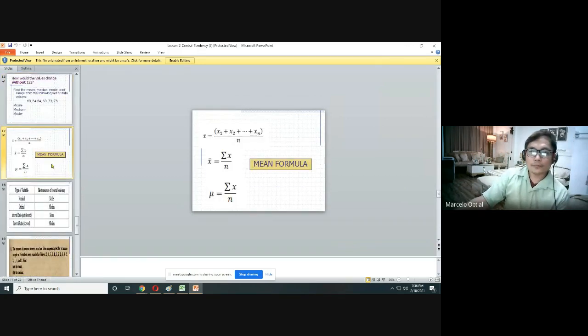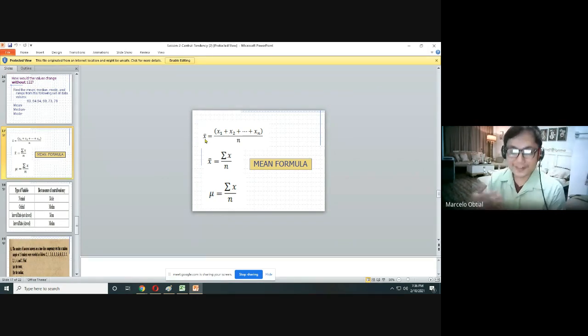Okay, itong mean formula, na-mention na ito kanina. You need to add the data, divided by the number of data. Because you are required to familiarize the symbol. If we're dealing with the mean or the average, X bar, kapag sample. Babalikan din natin sa final term.